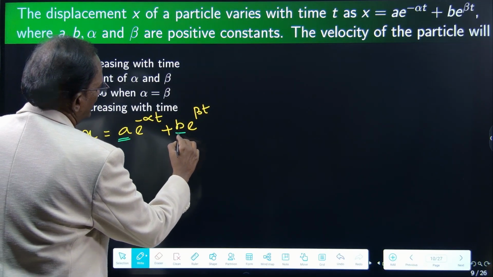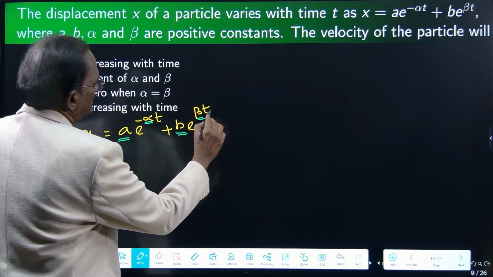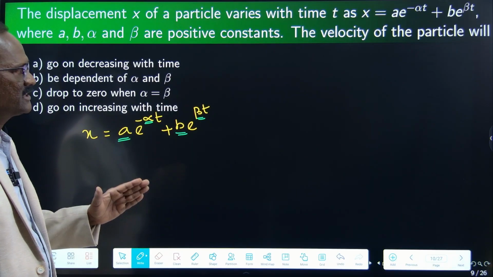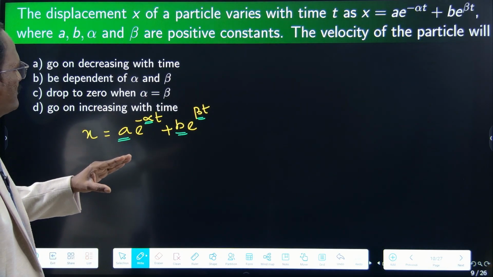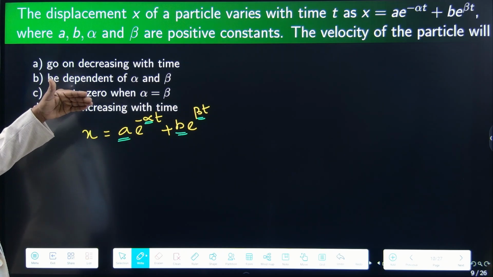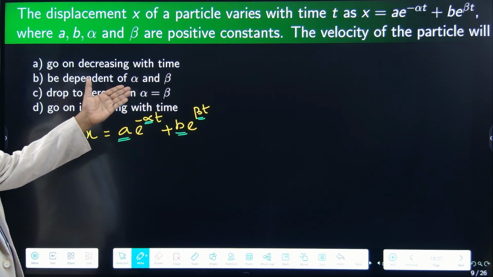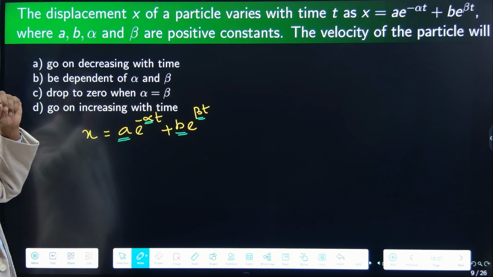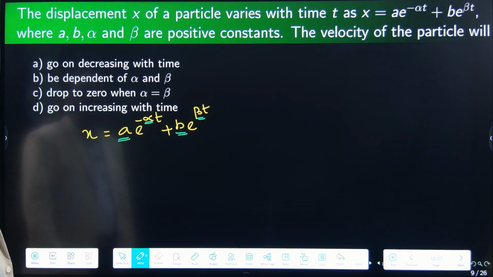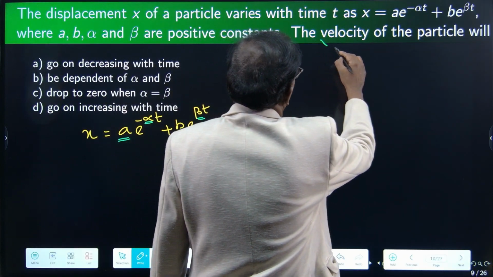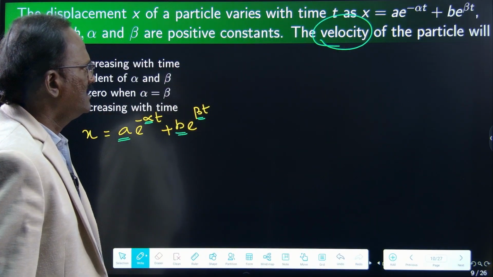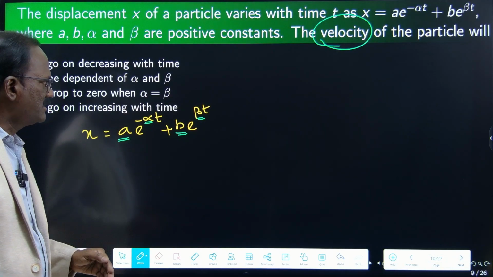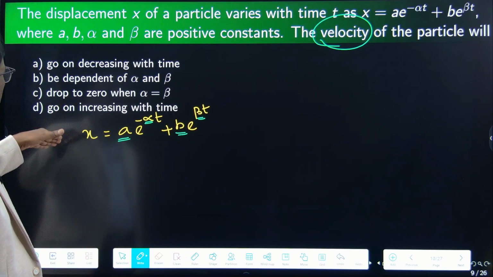The time is the only variable. X is varying with respect to time only. The options are: the velocity of the particle will go on decreasing with the time, be dependent on alpha and beta, drop to 0 when alpha is equal to beta, or go on increasing with the time. The question is, we have to find what is the velocity. One equation will come, then we'll analyze the equation and pick the answer which suits the given options.